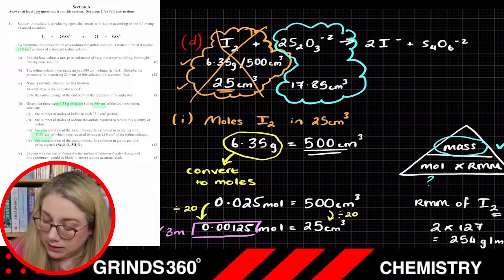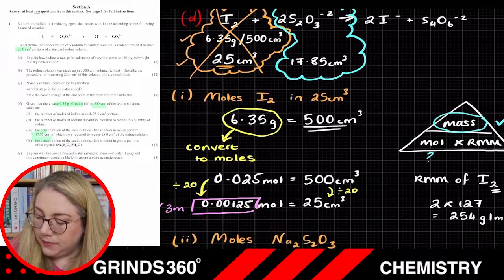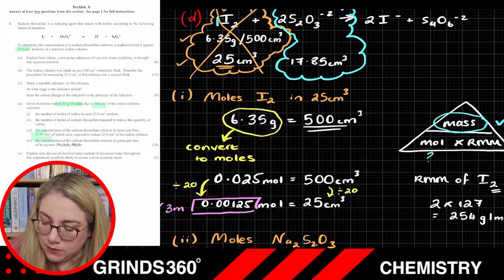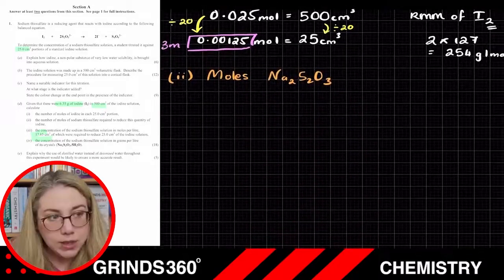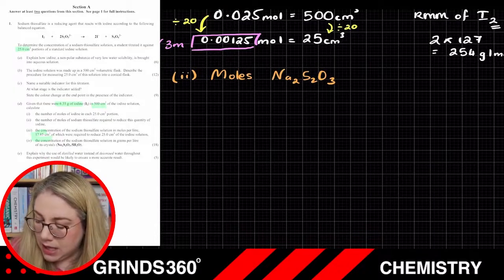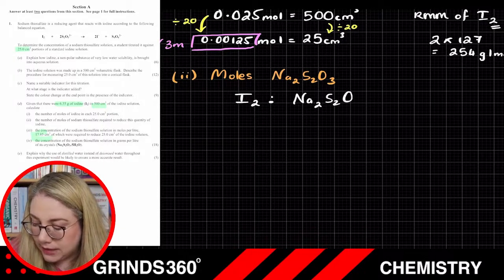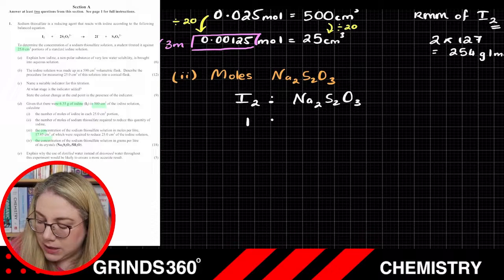Be careful here. From that balanced equation, there is a 1 in front of the iodine and a 2 in front of the thiosulfate. So that is a 1:2 reaction. So we put the ratio of what we know, which is iodine, to what we're trying to find, which is your thiosulfate. From that balanced equation, that is a 1:2 ratio.